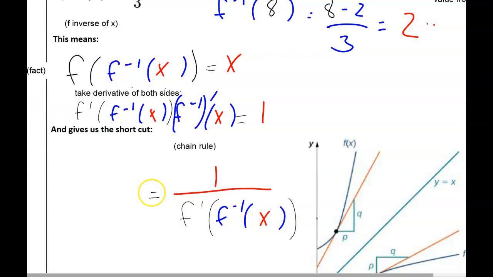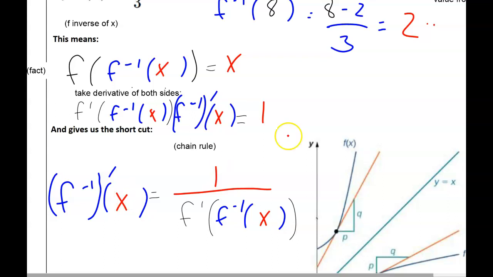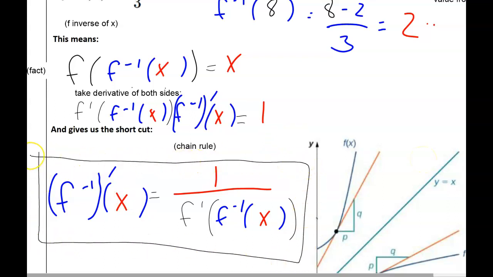And on the left is the derivative of my inverse function. So we've done all this work, and it's given us now a shortcut for finding the derivative of an inverse. So this is my rule, and this is what you can write down on your cheat sheet. But it really comes from our fact up here.